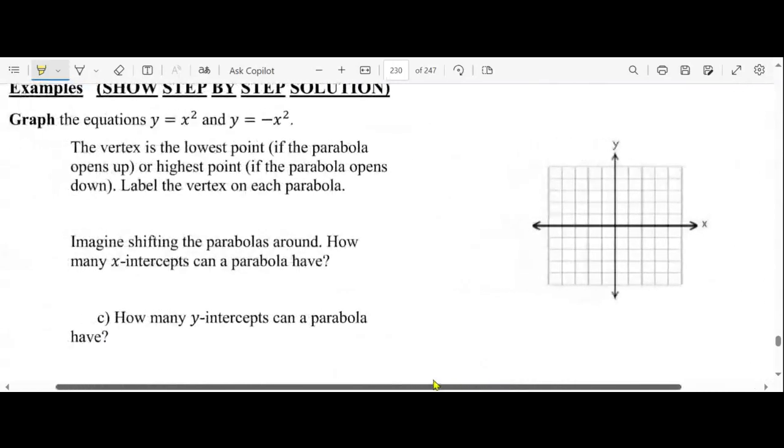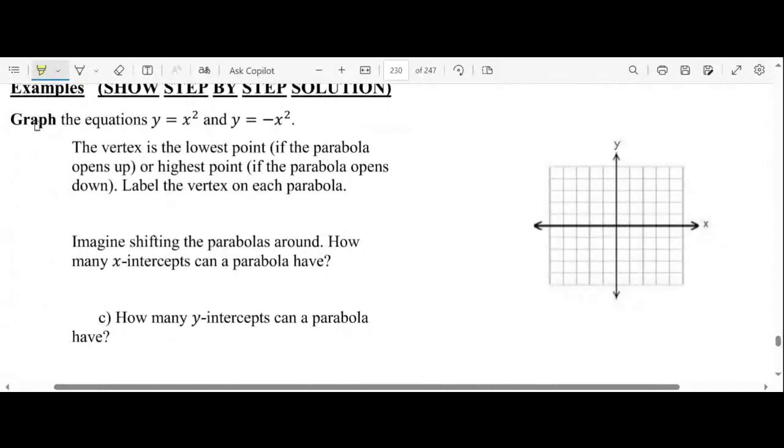Now this question is coming in the test, in the final exam. He said graph y equals x squared and y equals negative x squared. Now remember, sometimes he replaces y by f of x, and sometimes he says g of x.